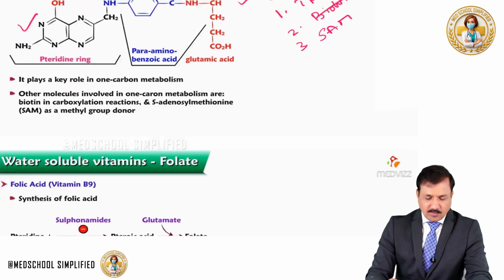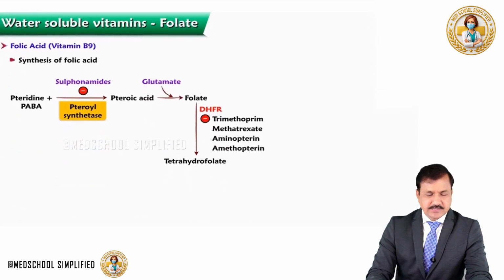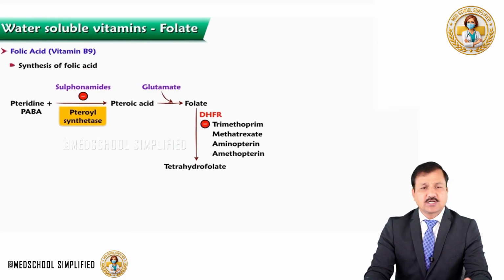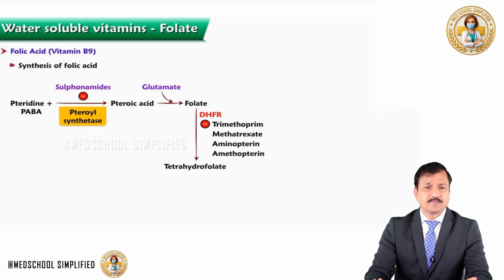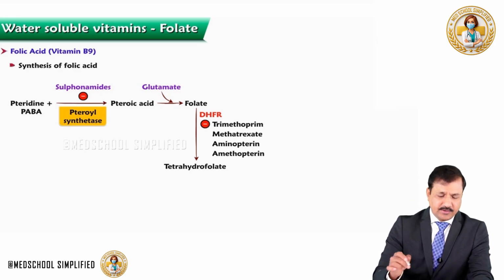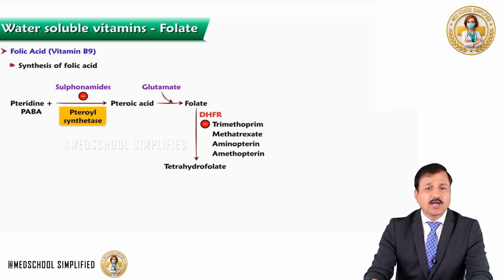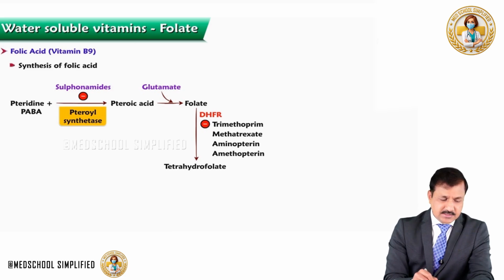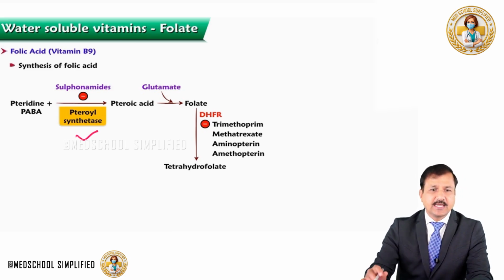Now, let's move on to see the structure and synthesis of folic acid. Structure I have already explained to you. It is a pteridine ring which is attached to para-aminobenzoic acid with the glutamate. Now, how is that synthesized? The pteridine ring condenses with para-aminobenzoic acid with a covalent linkage, and this is created by the enzyme pteroate synthetase.